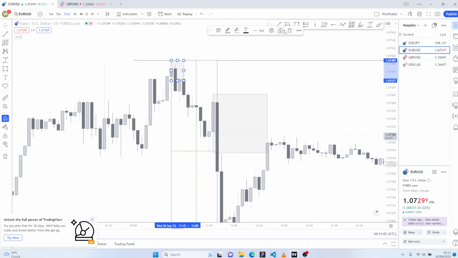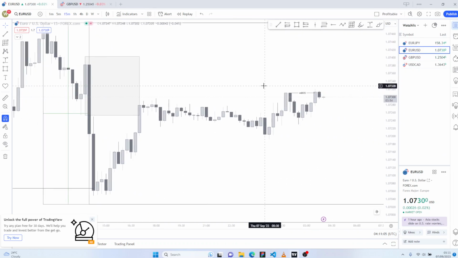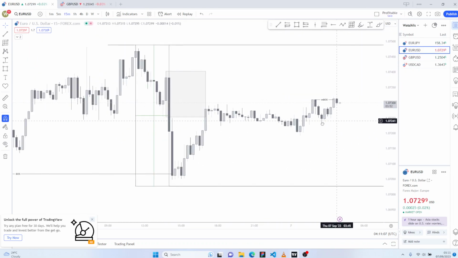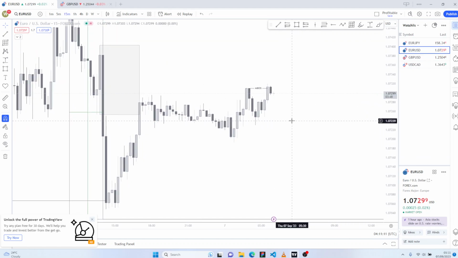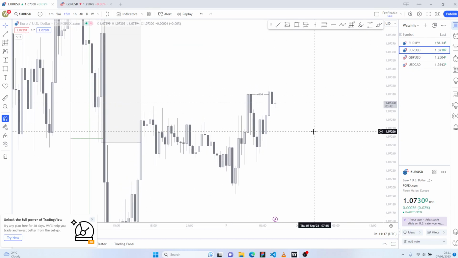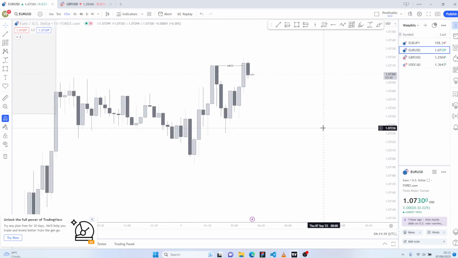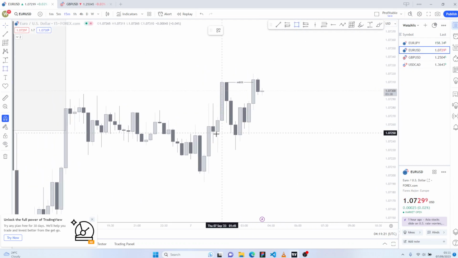So we'll be looking for entries on the 1 minute time frame. But right now we're currently bullish, so we still have some space within this zone to go higher. So I could be looking for further highs and further longs within the zone.